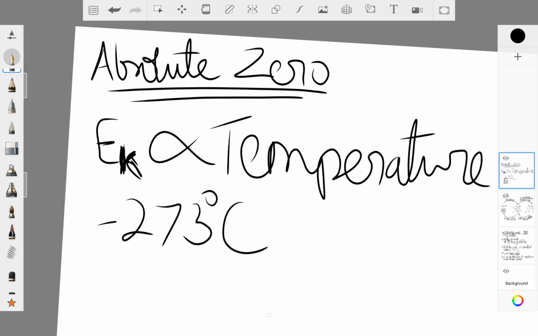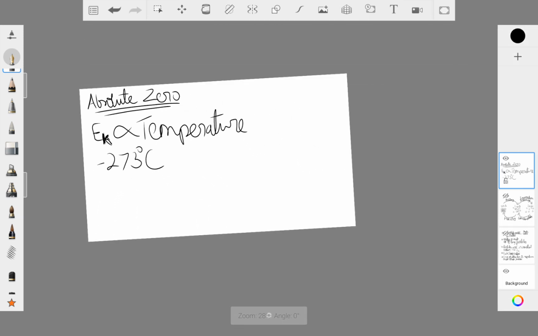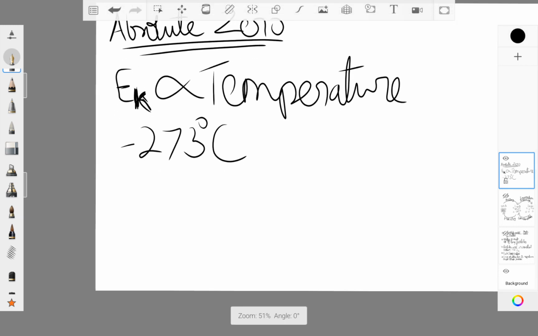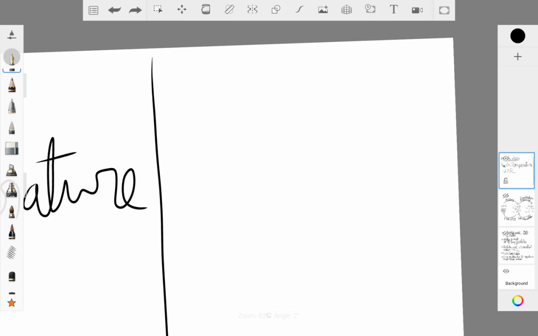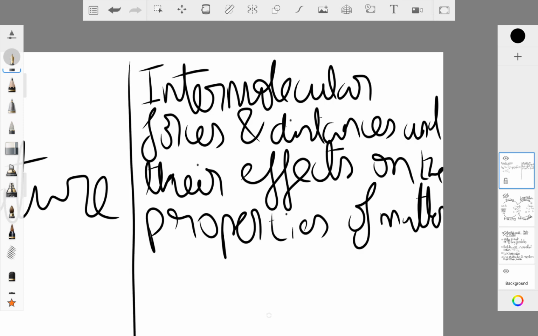I also want to emphasize a point that I brought up earlier on in the video. It had to do with intermolecular distance and the properties of matter. As I was saying, some of you might have realized back when we were looking at the properties in the states of matter, that the intermolecular distance and forces seem to have a role in determining their properties.